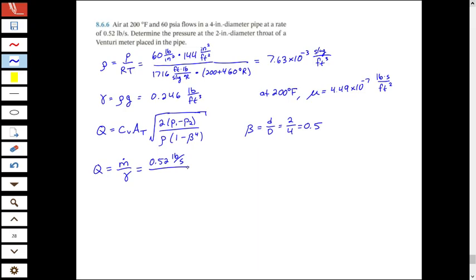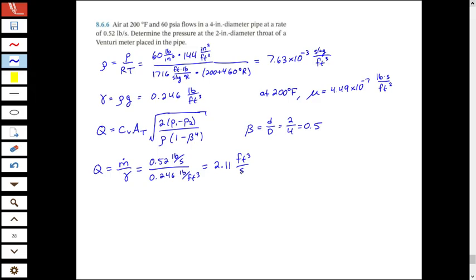That was a given in the problem. And then we also found from our calculations, the first stuff I wrote down, what the specific weight was. And then that gives us 2.11 cubic feet per second. All right, so we have that now.